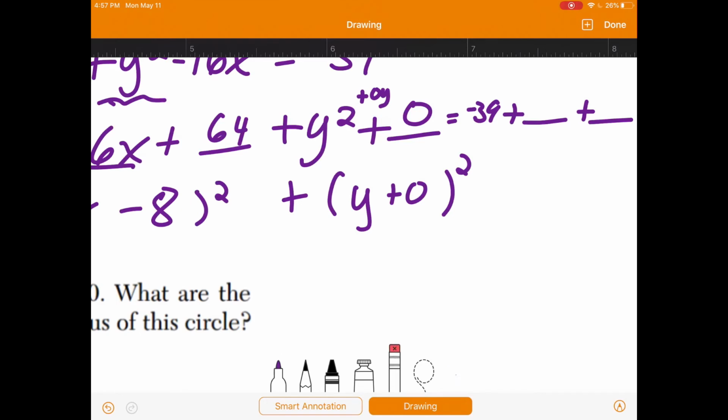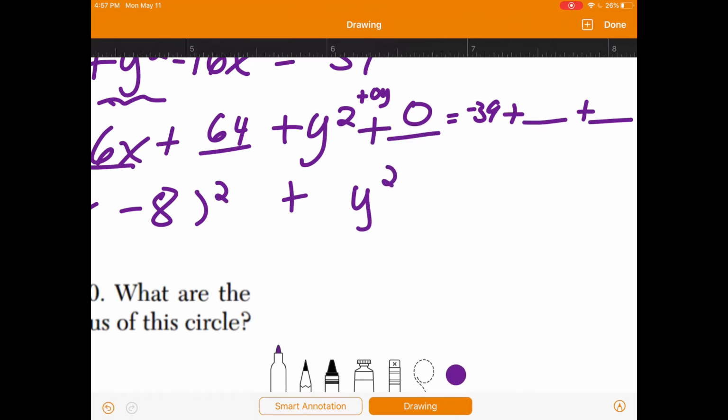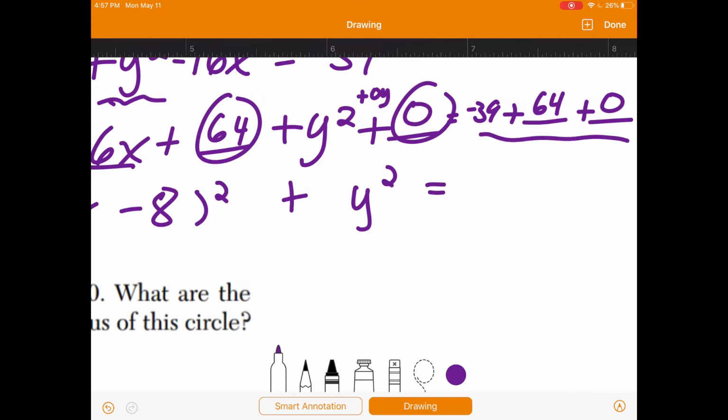So you could just leave that as y squared. You don't need all of the extra stuff, okay? Just leave it as y squared. And then our other pieces here, we've got 64 and 0, so we're going to put those in here. And if you combine all of this, you're going to get 25.